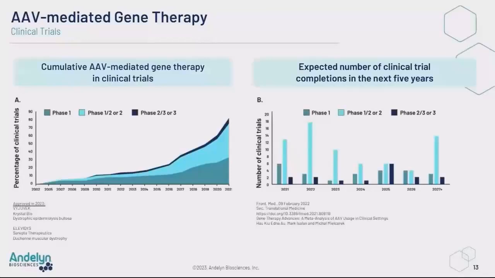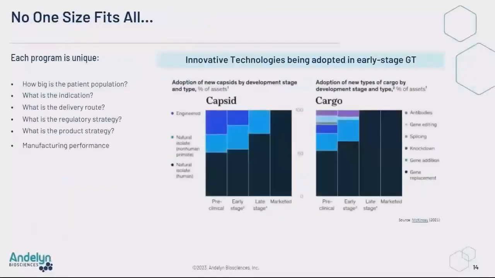And then all of this leads into not just scale issues of how much vector needs to be produced, but also the diversity of AAV vectors is poised to continue to increase, with more and more engineered capsids being developed for specific tropisms.